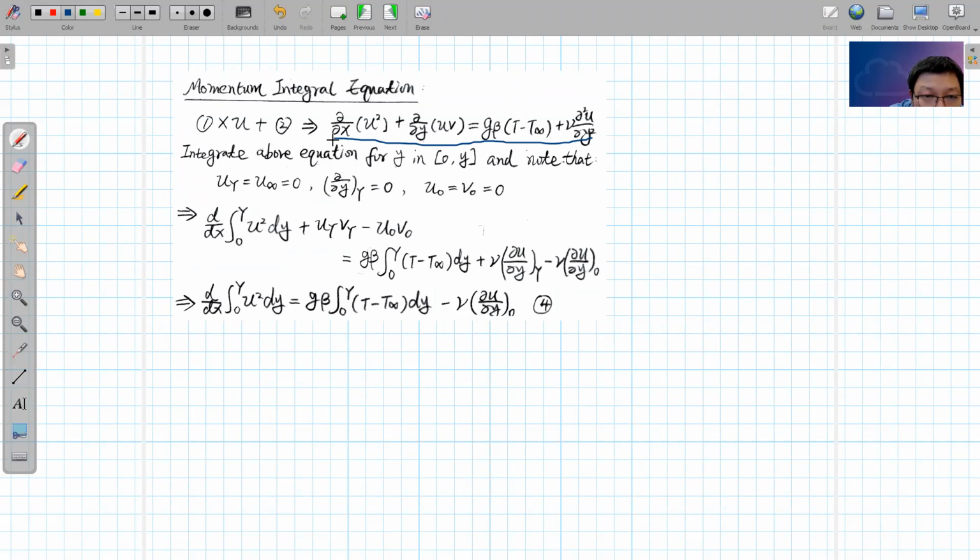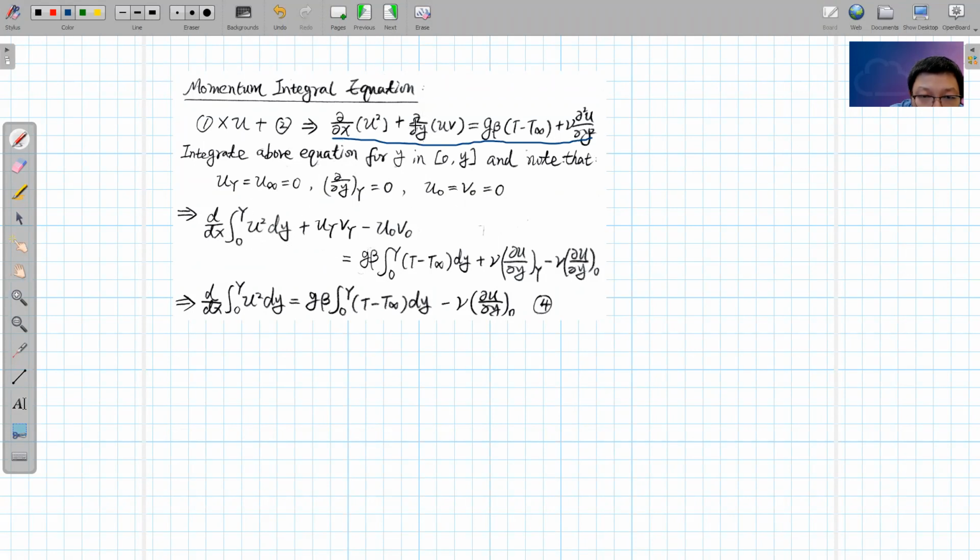So you integrate from 0 to y on this equation on both sides. Basically you get this equation. This d/dx you still have, but you integrate the u squared for this one.